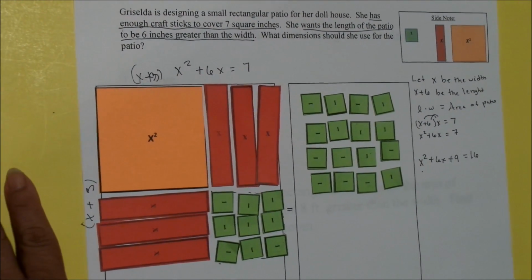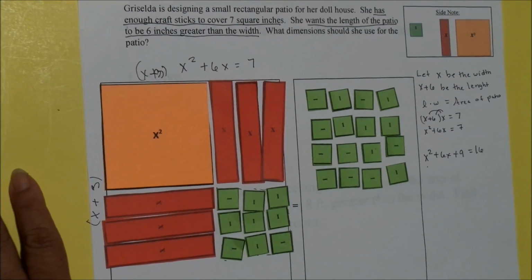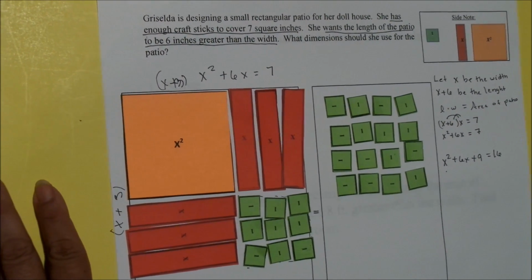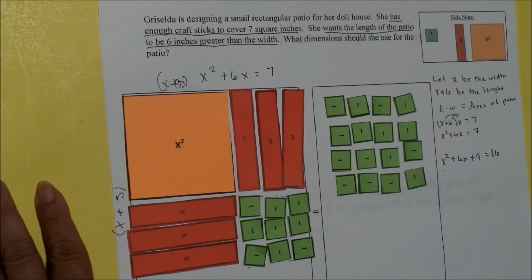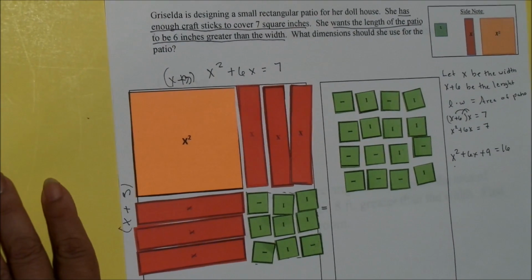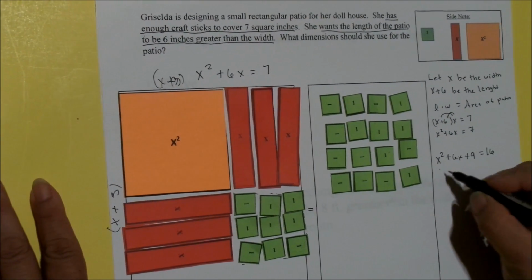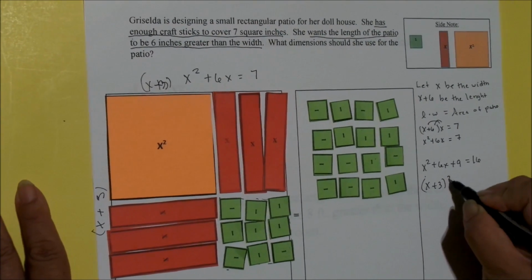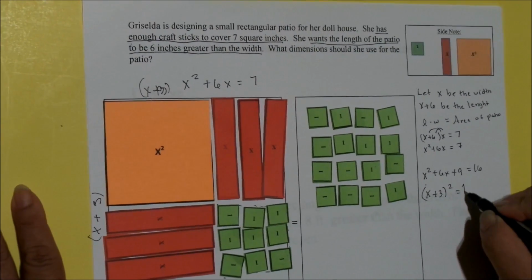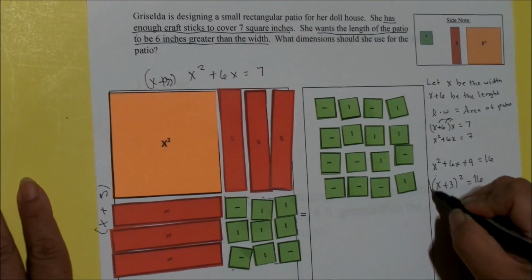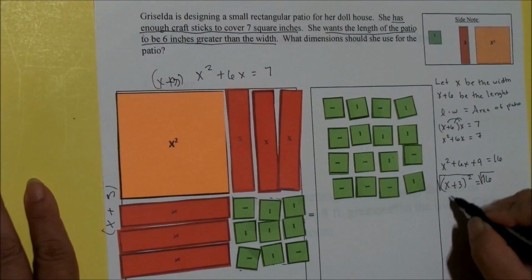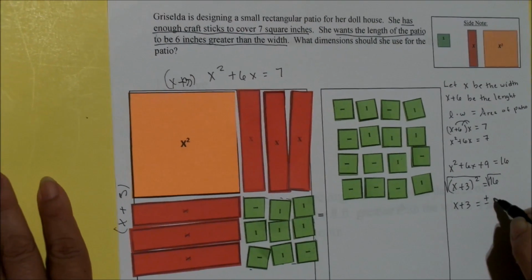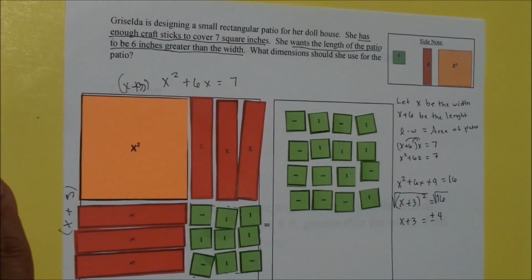Again, we're using the length and the width of a square, so we can rewrite the area expression in factored form. So that's x plus 3, all squared. Let's bring down that 16. We're going to square root both sides. So we have x plus 3 equals plus or minus 4.